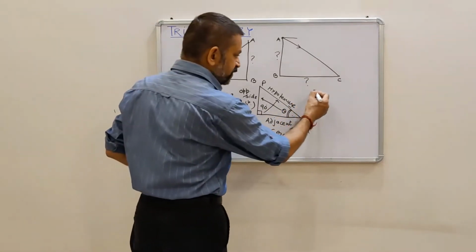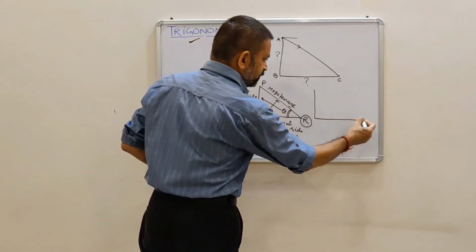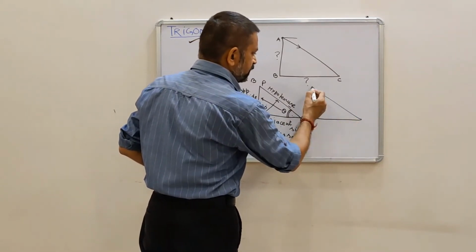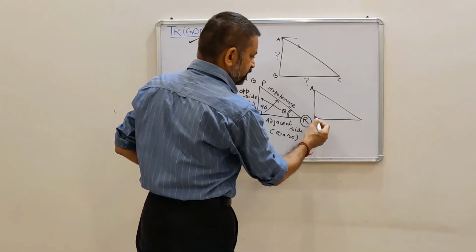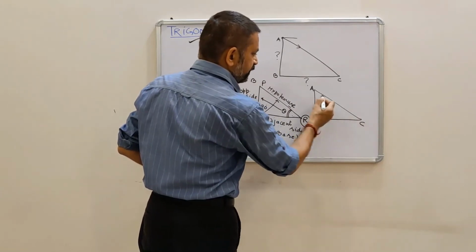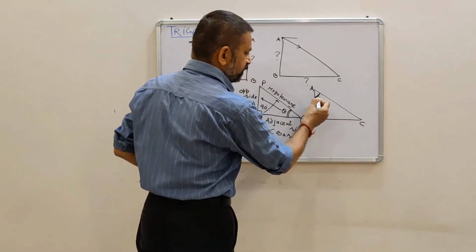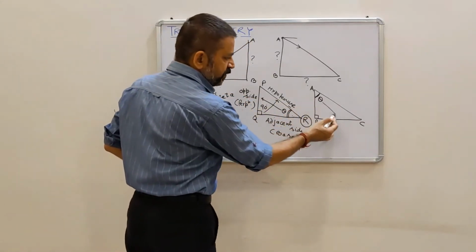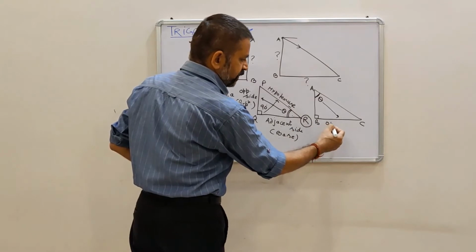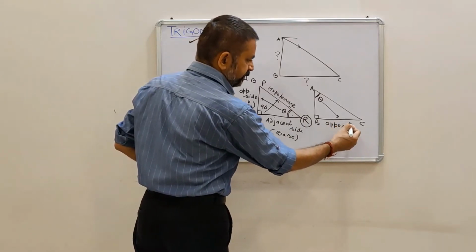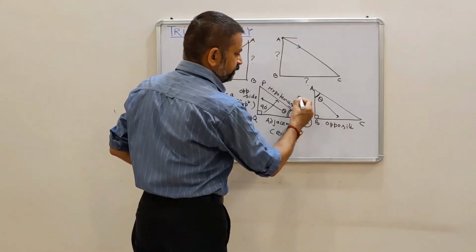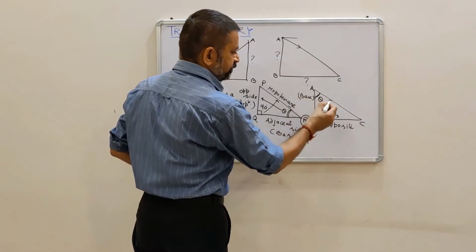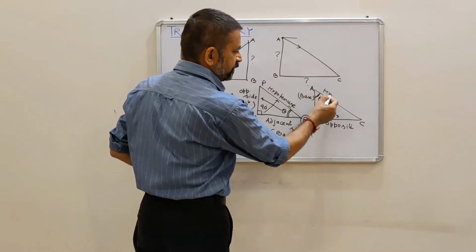Now if we change our angle of consideration, like this is triangle ABC, right angle at B, and suppose this angle is theta, then this will become the opposite side, this will become adjacent, or you can say base, and this will remain your hypotenuse.